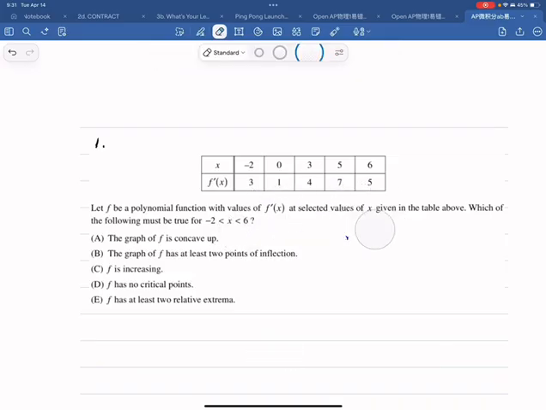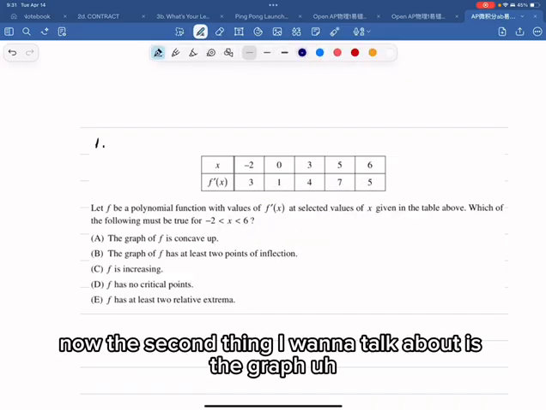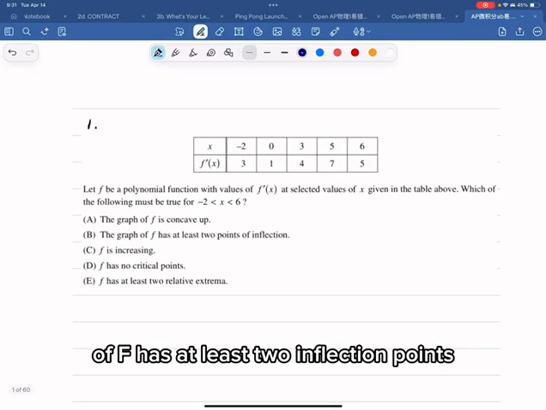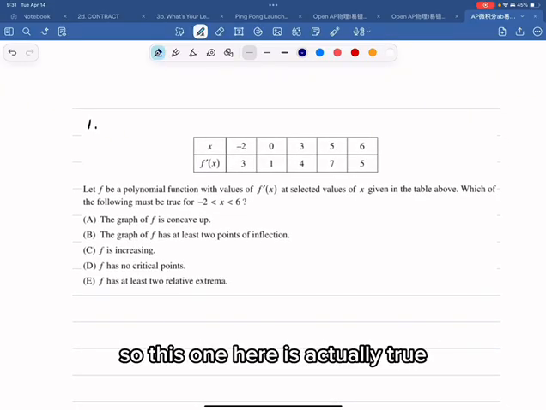Okay. Now the second thing I want to talk about is the graph of f has at least 2 inflection points. This one is actually true. Why?